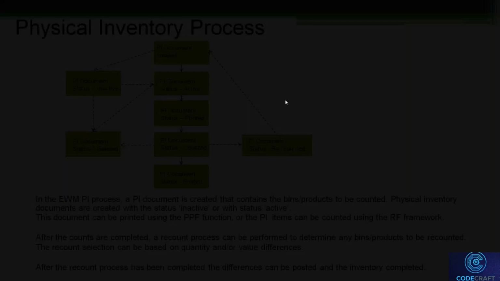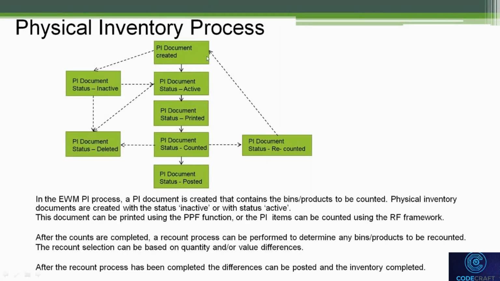In the system, you will see the process like this. First, a PI document is created. The document remains in inactive status. We activate it, and once it is active, the system creates a warehouse order that can be printed.